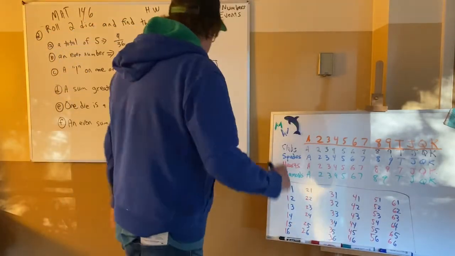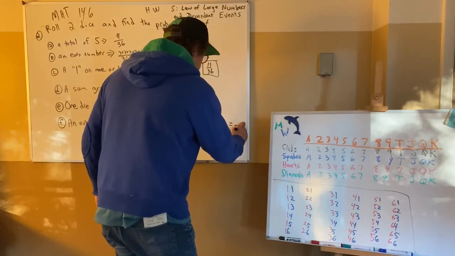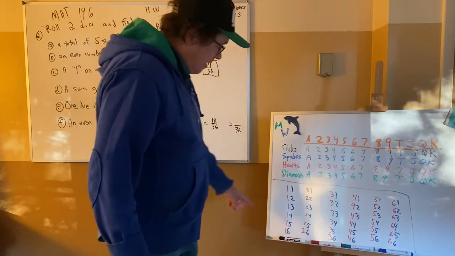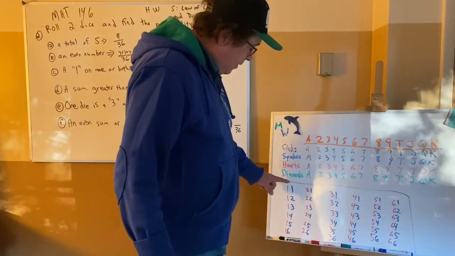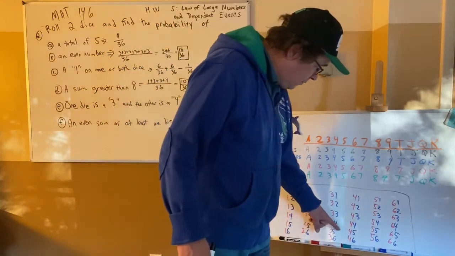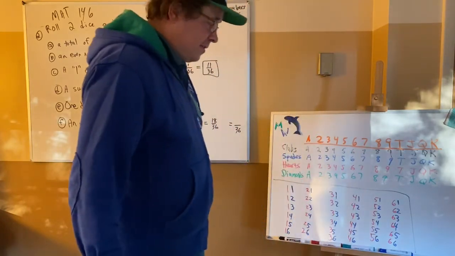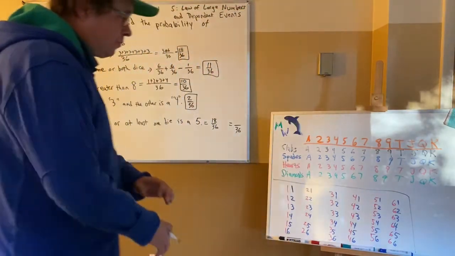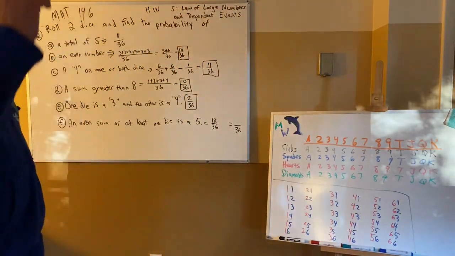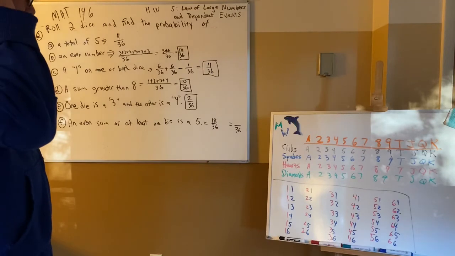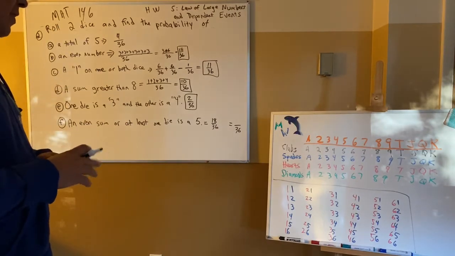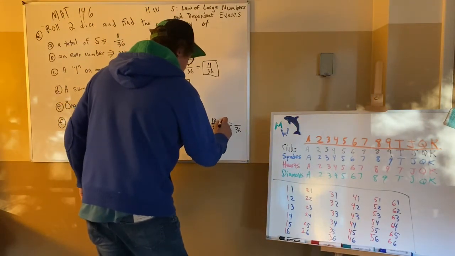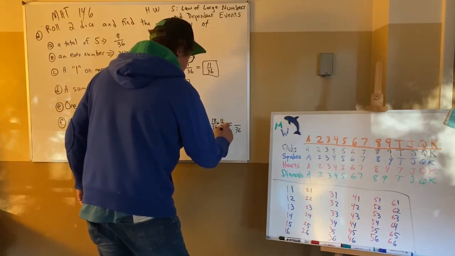What we need to wind up with, besides those 18, because when there's at least one die as being a 5, we're going to have, if we look across here, 6 of them. And down here, we're going to get 6 of them. That's 12, but the 55 got counted twice. So we don't have 12, we have 11 ways that we use at least one 5. So we go here, we got 11 out of 36.